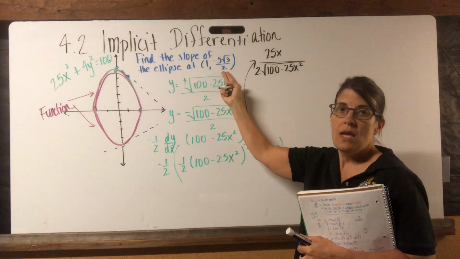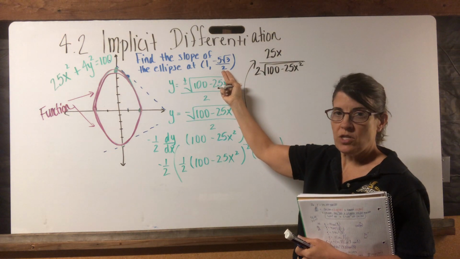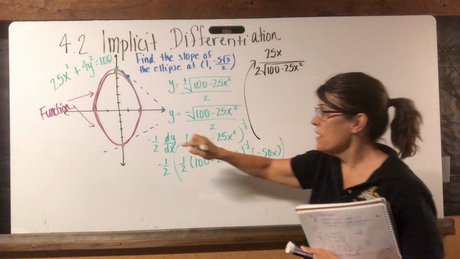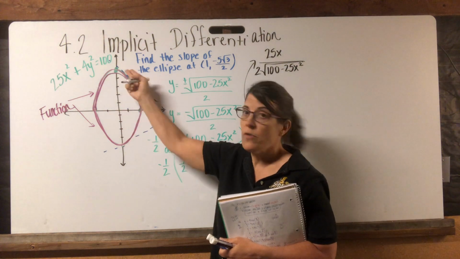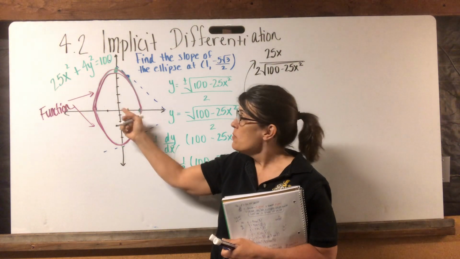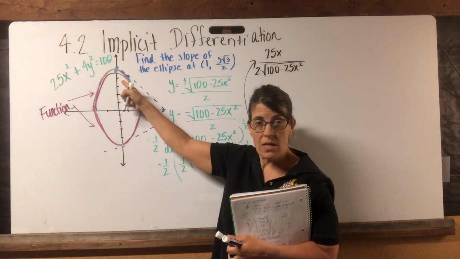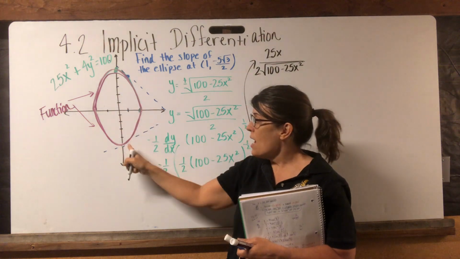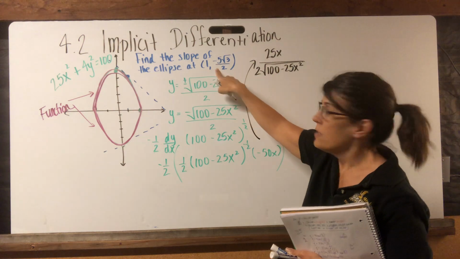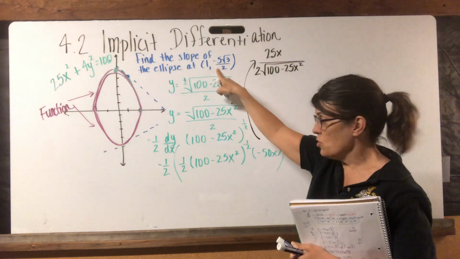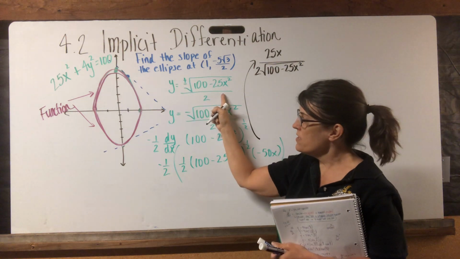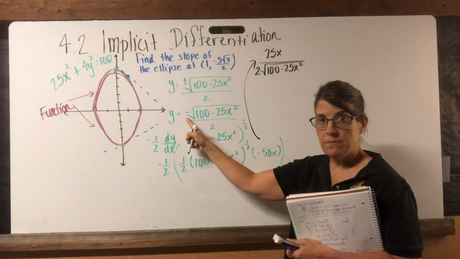This negative 5 root 3 over 2 doesn't matter once we started the process, so here's what I mean by that. Remember when I said there are two tangent lines at 1. There's one at the point 1 comma positive something in the first quadrant and 1 comma negative something in the fourth quadrant. You needed to know that it's negative 5 root 3 over 2 in order to choose, did you want to use the positive version of the ellipse equation or the negative version?